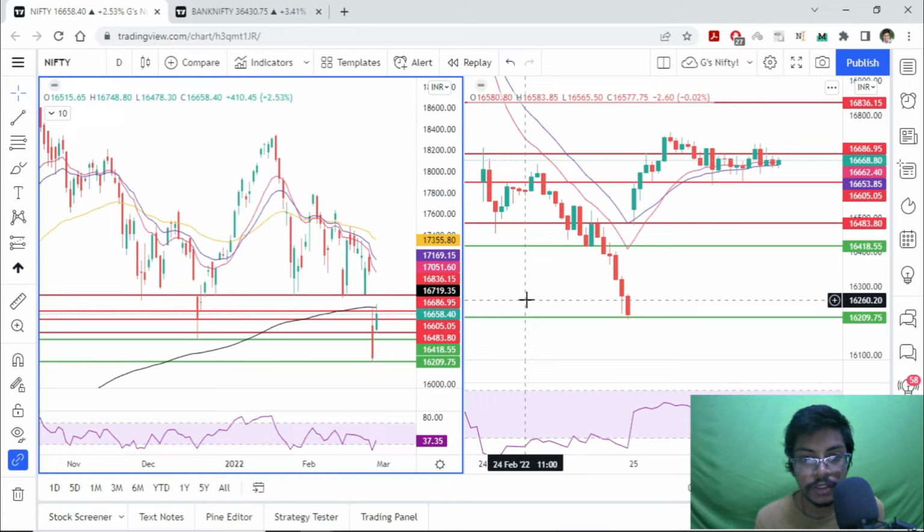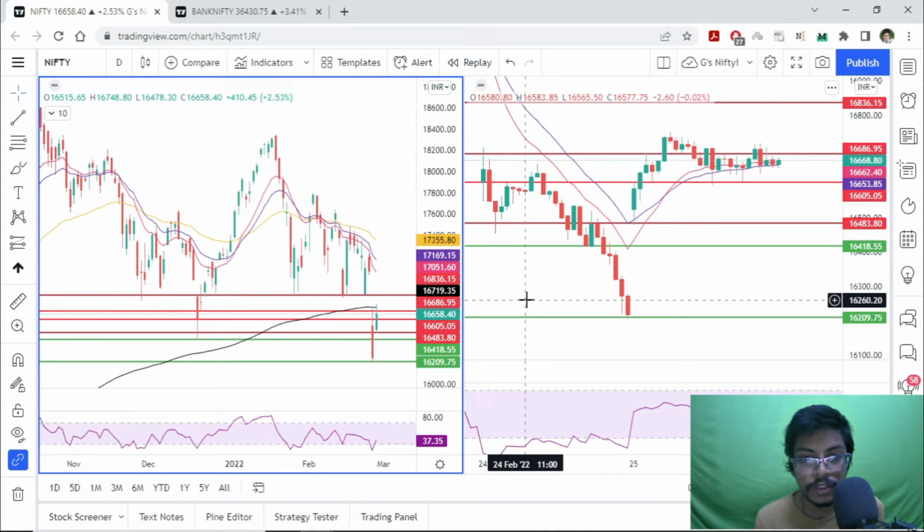So if I see 16,500, let me quickly erase this. 16,800 PE, 16,700 PE would be sufficient for us. 16,700 and 16,500, or 16,600 would be much more reliable. So let me quickly get that level.